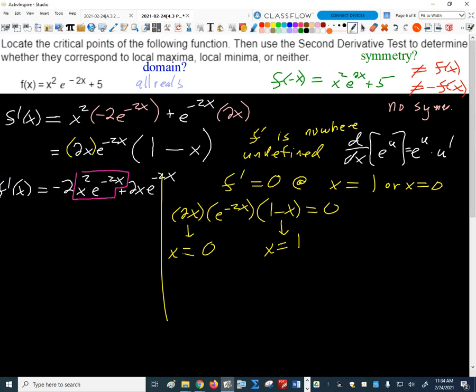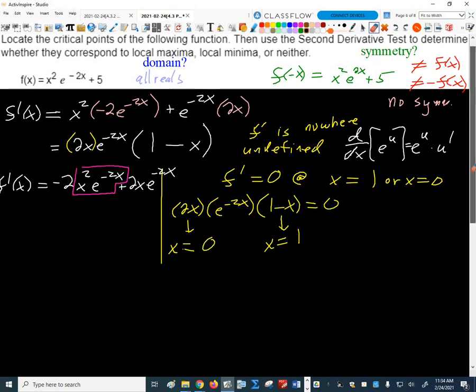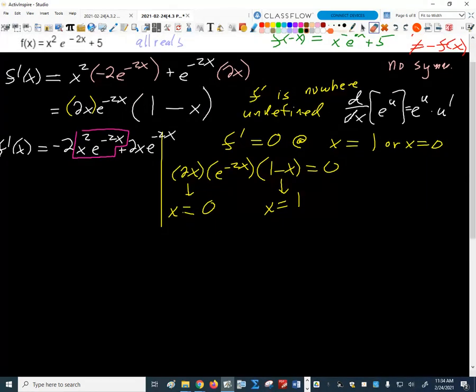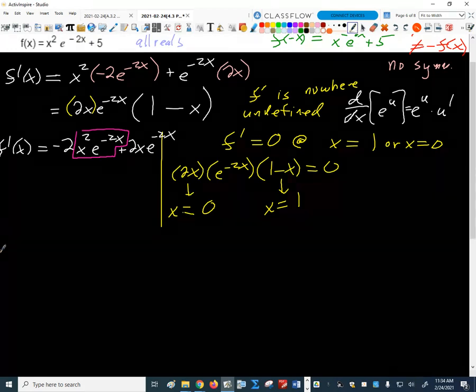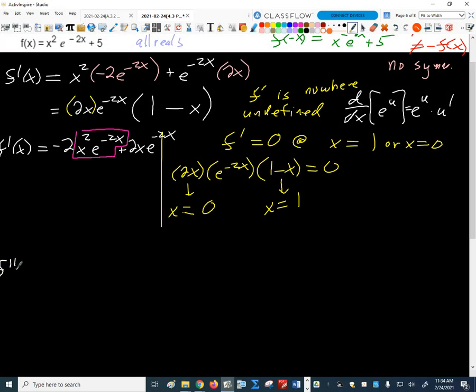So when we differentiate now, we already know that I'm going to get negative 2 times the derivative of that, which is all that stuff right up there.